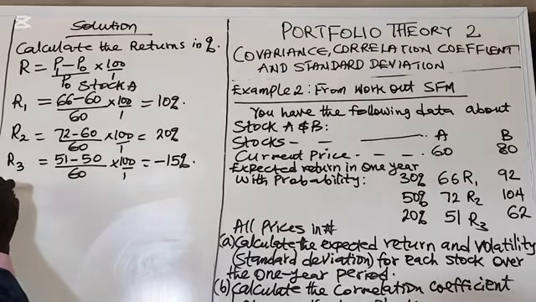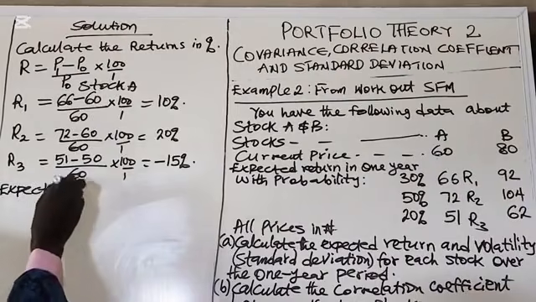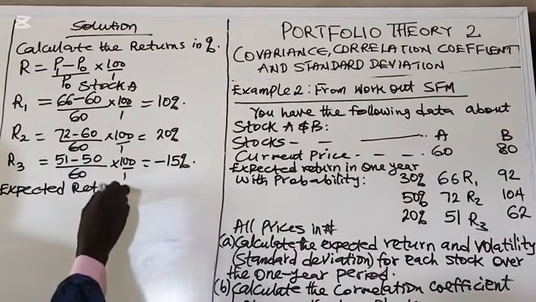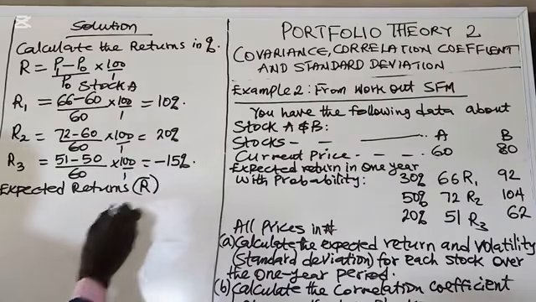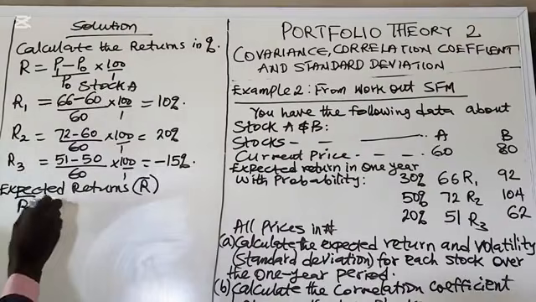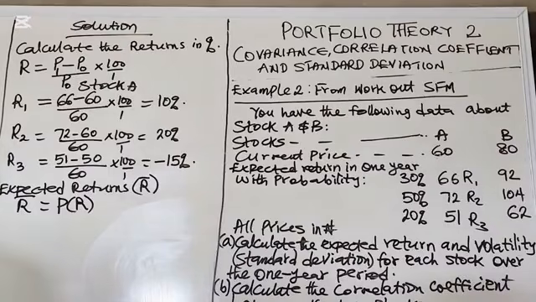So expected returns equal probability times the returns, and we have 3 scenarios.